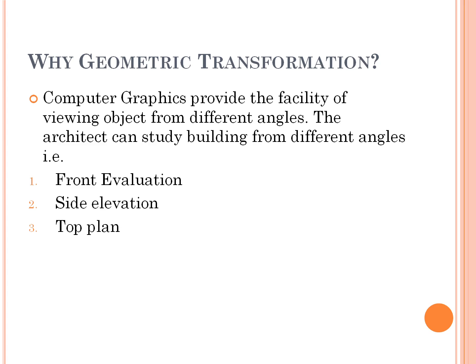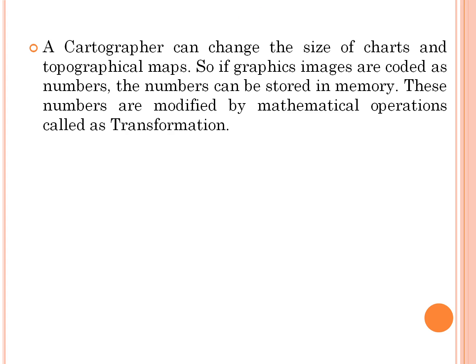For these three different angles of viewing the object, we need some basic geometric transformation. If we want to change the size of the object, we need some mathematical operation. If we reduce the size of the object, we need some mathematical operation to be applied on that object.